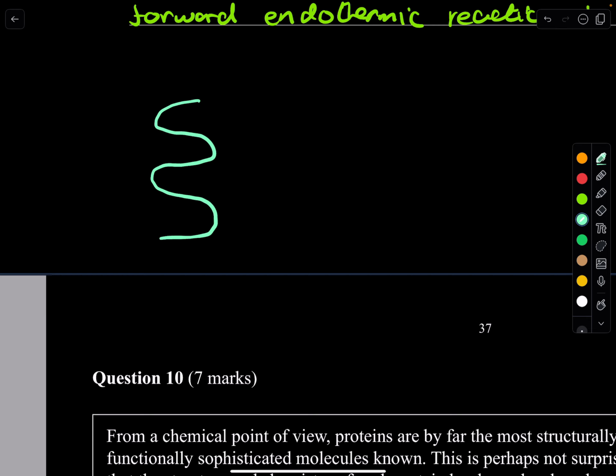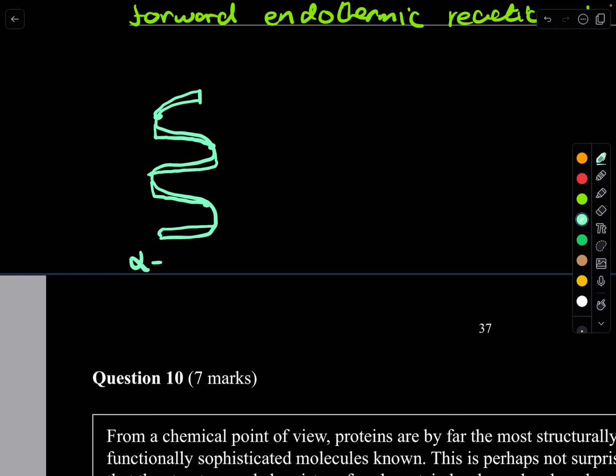Something like this. In terms of three-dimensional shape, it'll look like this, and it's all basically bonded. It's actually bad. Okay, so can you see how this is called the alpha helix.